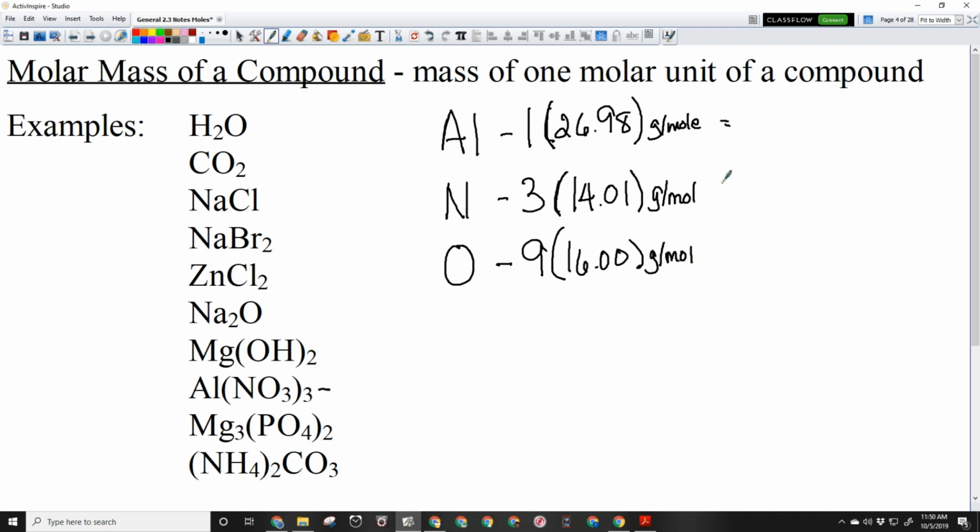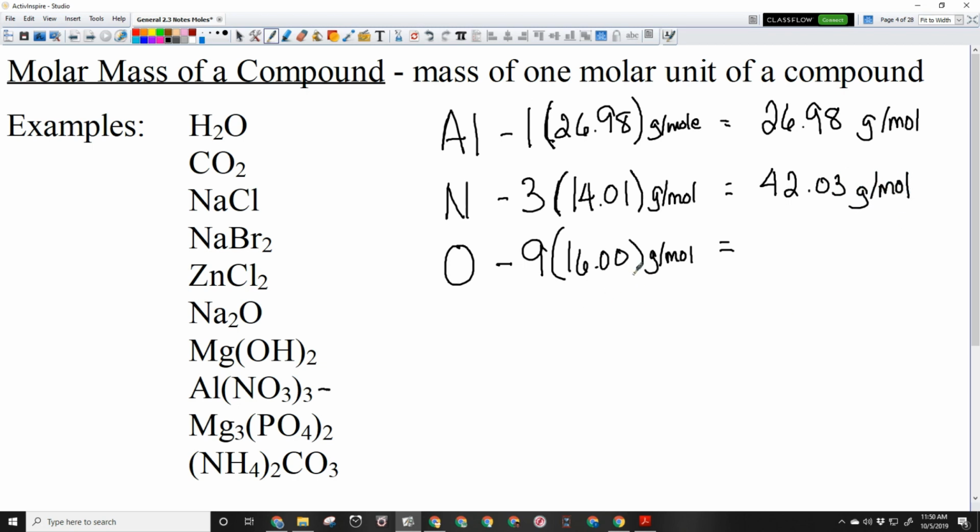All right, so we're going to multiply each one of these out. So 1 times 26.98 is 26.98 grams per mole. 3 times 14.01, let me grab my calculator. 3 times 14.01 is going to be 42.03 grams per mole.